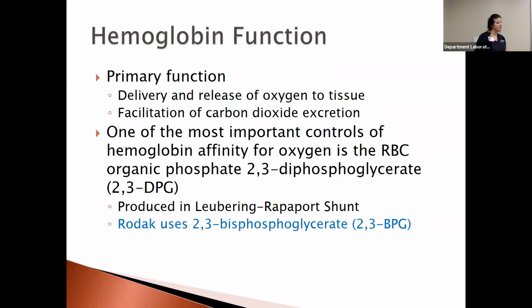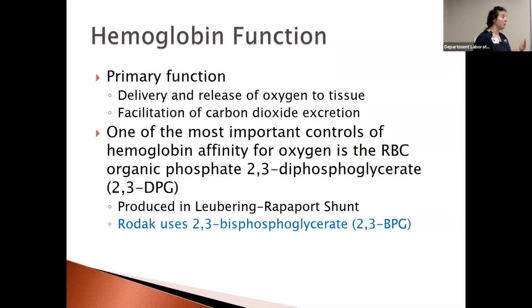What shunt is it produced in? So 2,3-DPG or BPG are used interchangeably. They are the same thing. Think about your Embden-Meyerhof glycolytic pathway. There were some off shunts. Does anybody remember what 2,3-BPG is produced in?